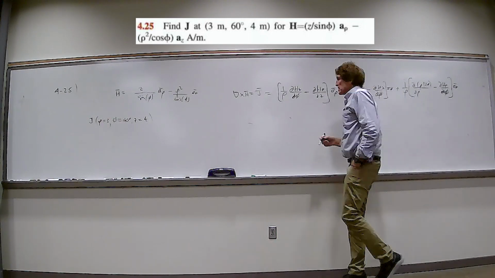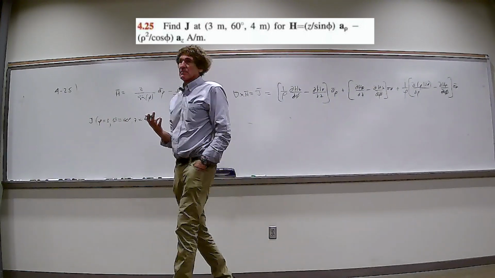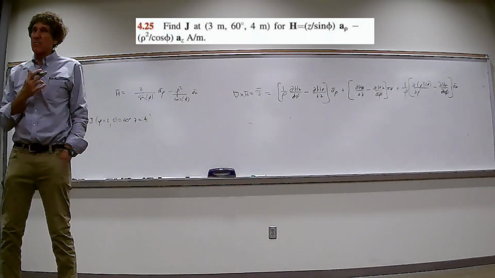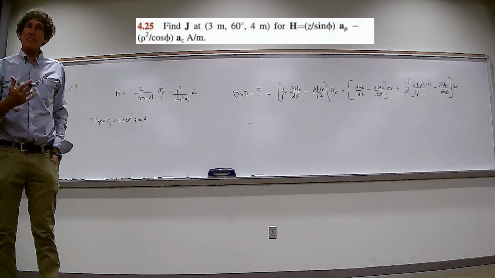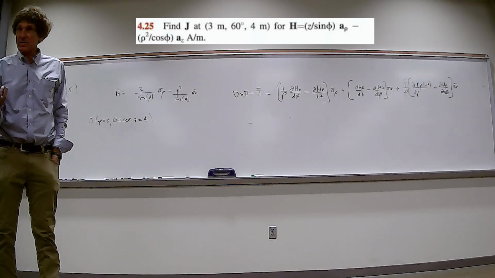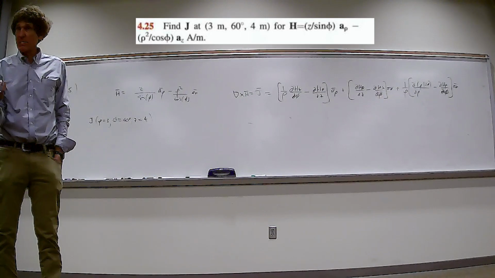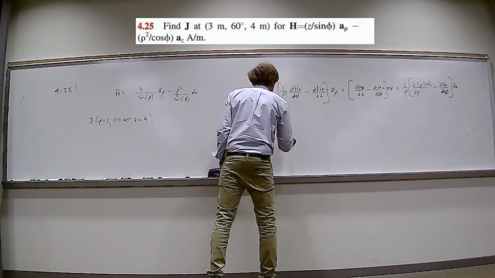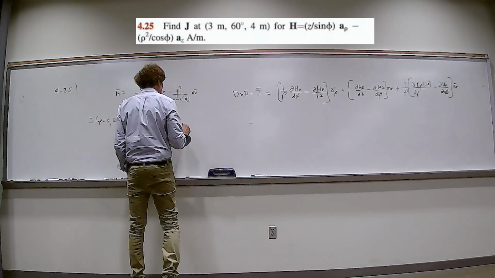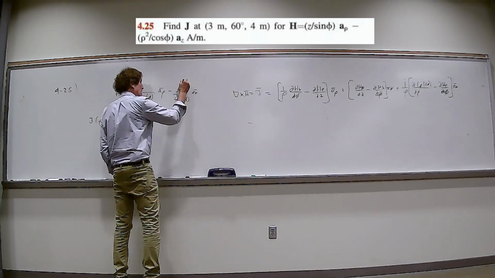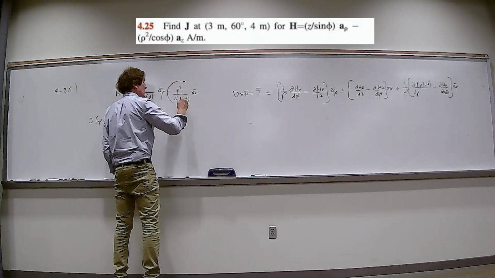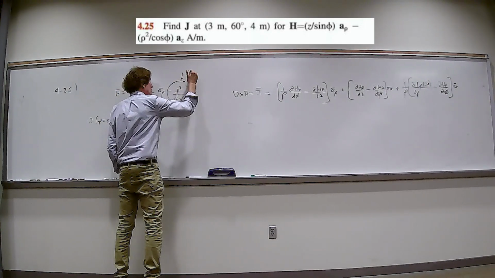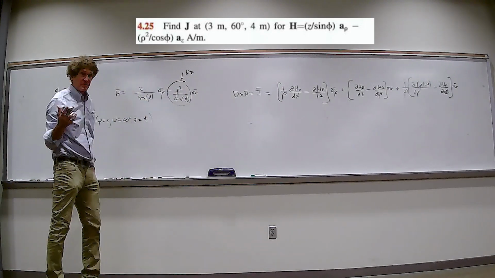So that's the operation we do. This is a straightforward kind of deal. You just set it up and then evaluate it based on the definitions of the derivatives. Y'all follow me? Go ahead and do it with me. What is Hz? It's this. That's Hz, the coefficient of AZ.